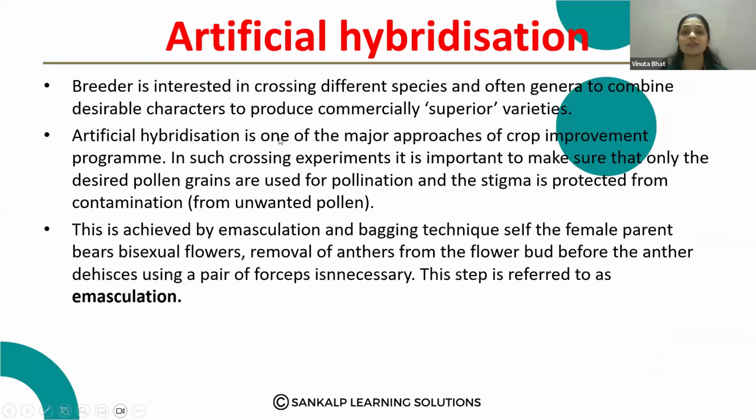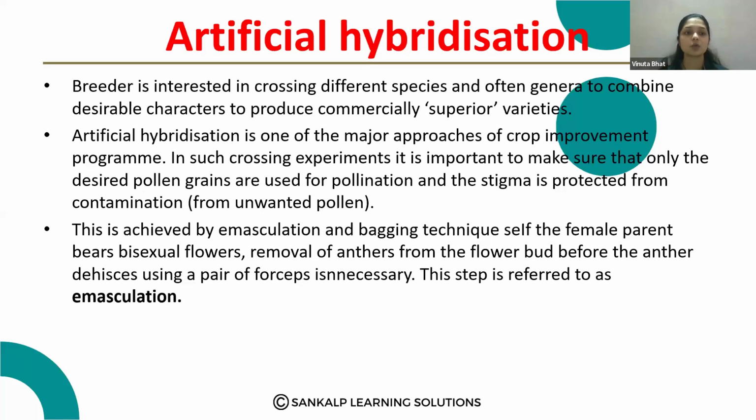Next, artificial hybridization. So what is this artificial hybridization? Hybridization means where the pollen grains are transferred to the stigma of the flower. But artificial hybridization means it is done mechanically, artificially, so this is a man-made process.